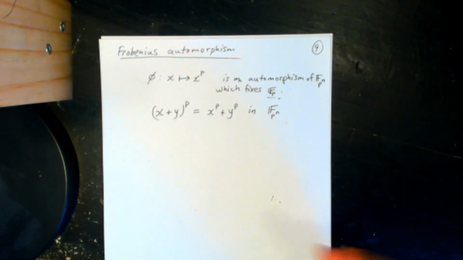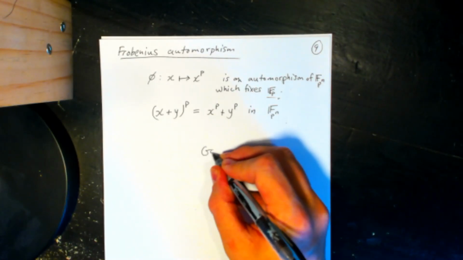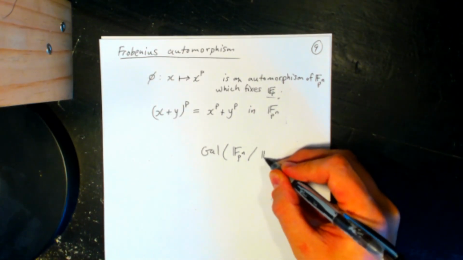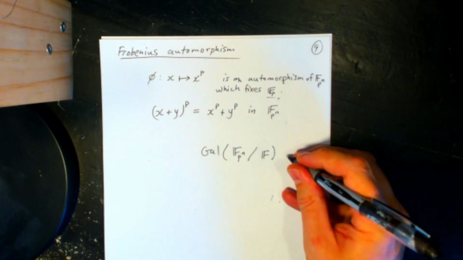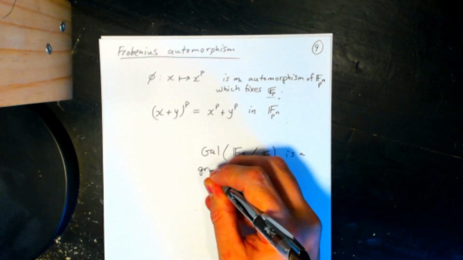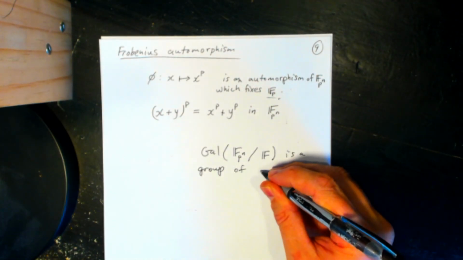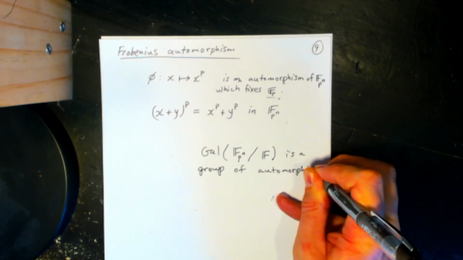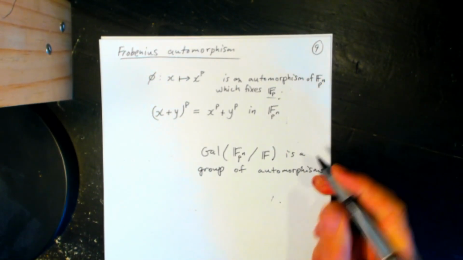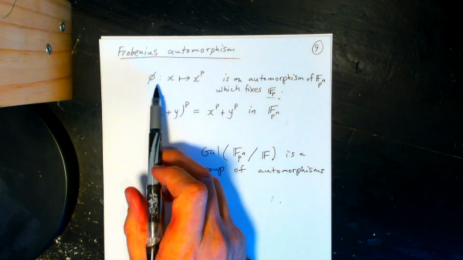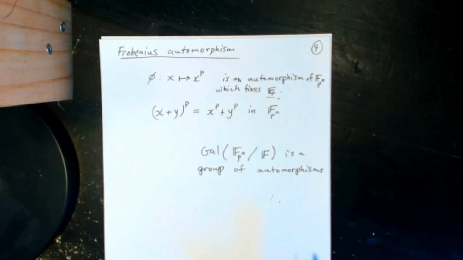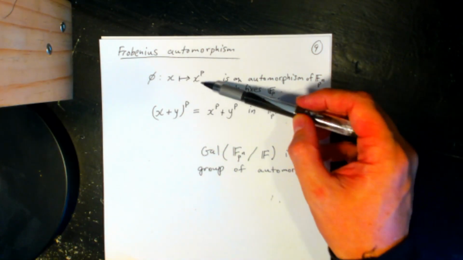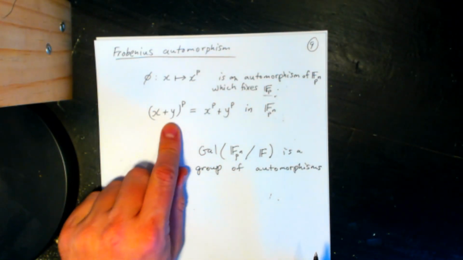Okay, and so there are Galois groups, F_{p^n} over Fp, which is a group of automorphisms that leave this underlying field fixed, and so they're of this form.